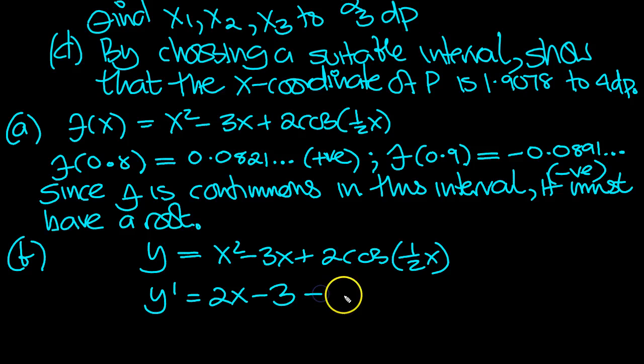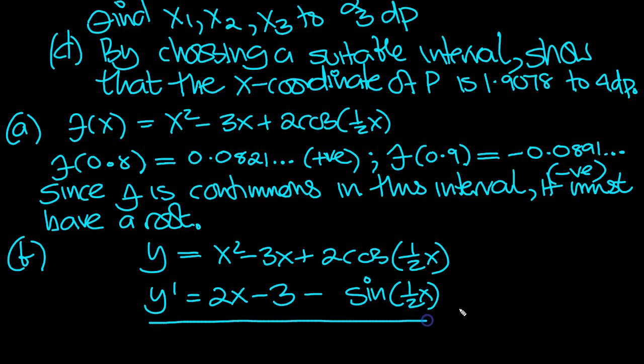Cos goes to minus sine of the something, multiplied by the something differentiated, which is a half, but there's 2 lots of, so the 2 and the half cancel. We just get left with this. So that's what we've got for y dashed.